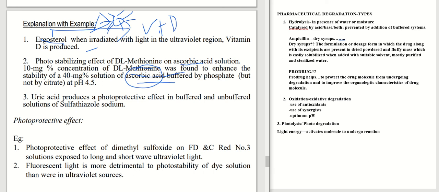We might have come across this in our chemistry. Now DL is the equal mixture of D form and L form. And also at the same time, for sulfathiazole sodium drug solution, when we add uric acid, it produces a photoprotective effect in both buffered and unbuffered solution.